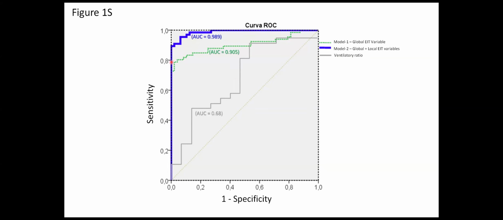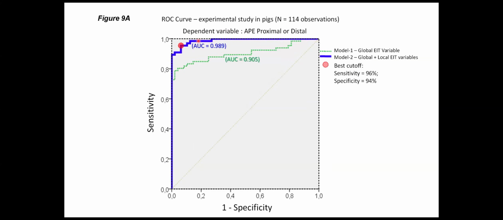But when we use our regression model, selected either by artificial intelligence or by regression or logistic regression, we have a much better area under the curve, almost 0.99, with a good sensitivity and specificity.